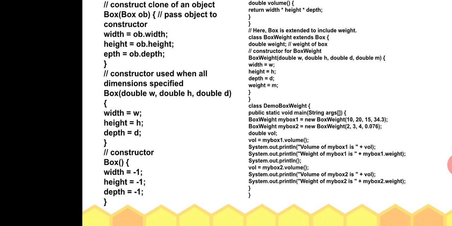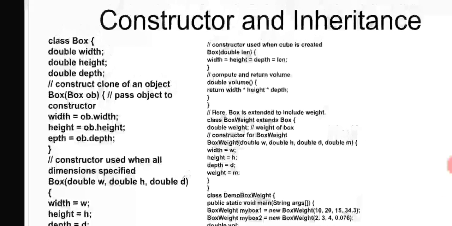And you have one more default constructor, Box, which will not take any parameters. By default you are assigning -1 to everything, so width, height and depth are assigned -1. It is a starting point for the width, height and depth. So by default the values of width, height and depth will be -1 whenever you create an object of class Box.